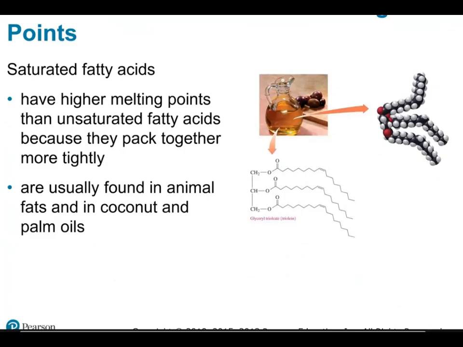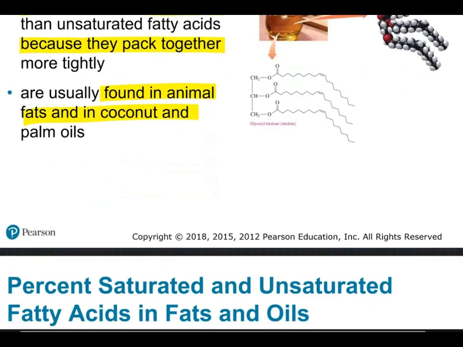We already discussed this; we're kind of going in circles with these notes. But saturated fatty acids have higher melting points because of the packing of their long saturated chains, and they are found in animal fats and these two plant oils.